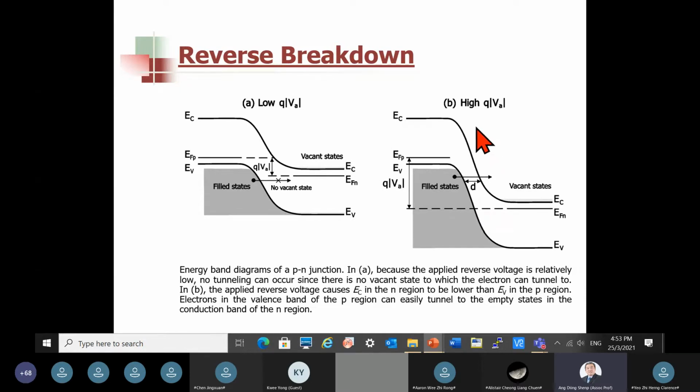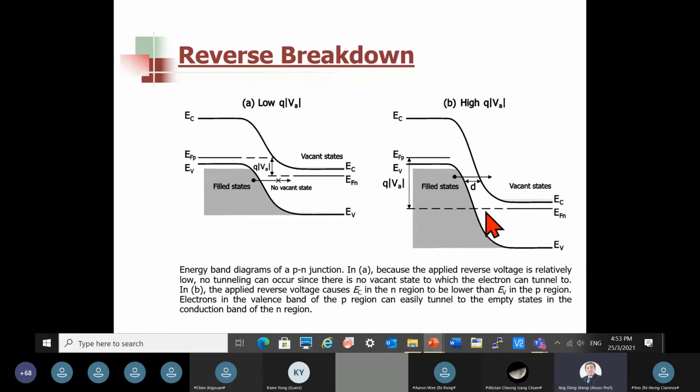Because of that, the electric field may not be that high as well. So although quantum mechanical tunneling can happen in principle, the probability of electron tunneling to the N side is very small. The current becomes very small if the doping concentrations are not optimized, meaning they are not made to be very high. So in that case, the diode does not register a significant increase in the current.